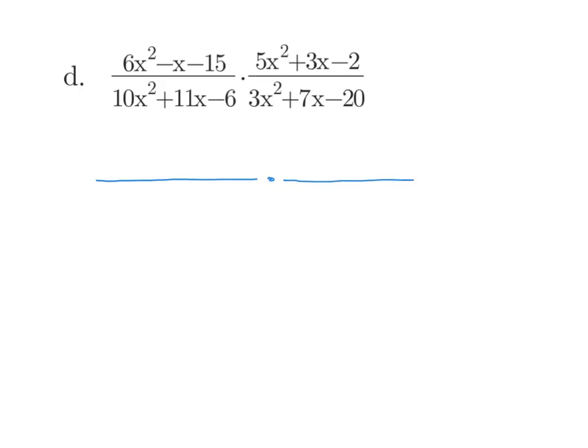For me, I think that the top right is easiest to factor. 5 is prime, negative 2 is prime, and so this is a level 1 factoring. So if we factor this, 5x squared is 5x and x.